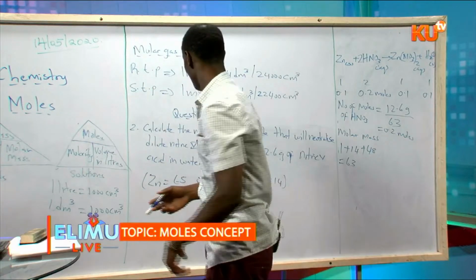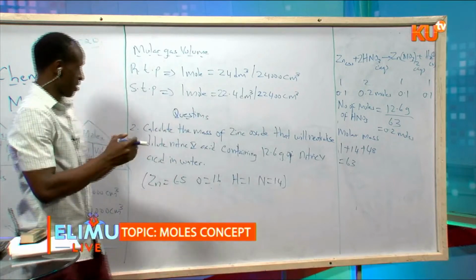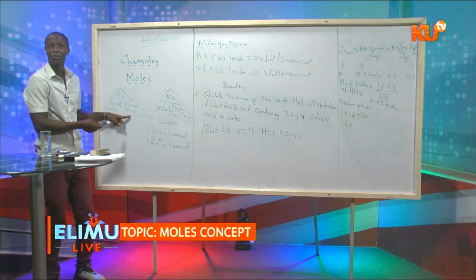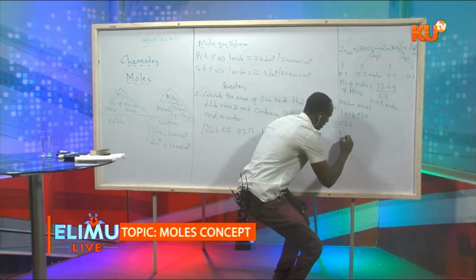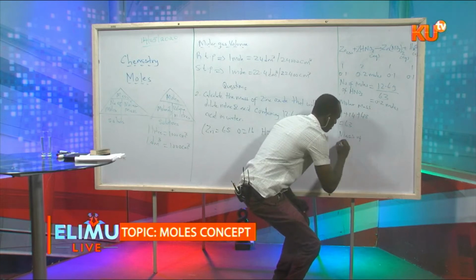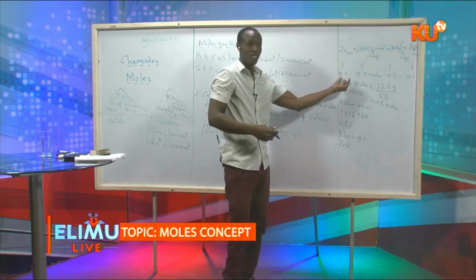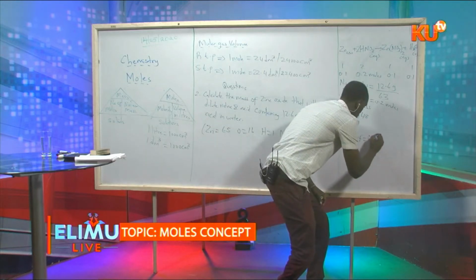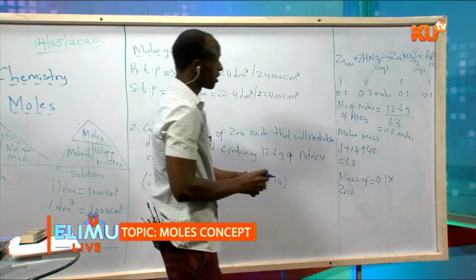What's the question asking you to calculate? Calculate the mass of zinc oxide. How do you calculate mass? Number of moles times molar mass. So mass of zinc oxide is number of moles, and the ratio helped us get the number of moles, so that is 0.1 times the molar mass.